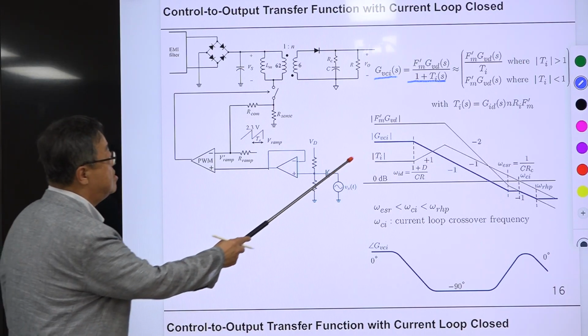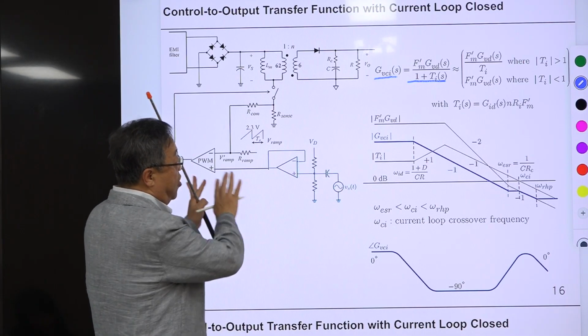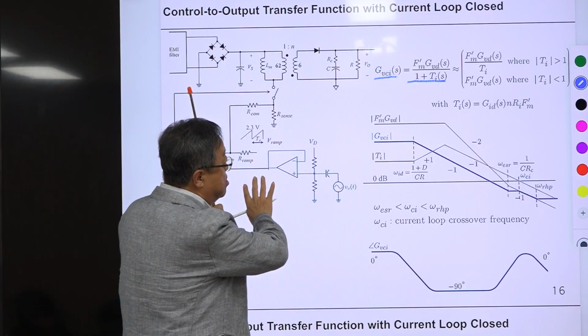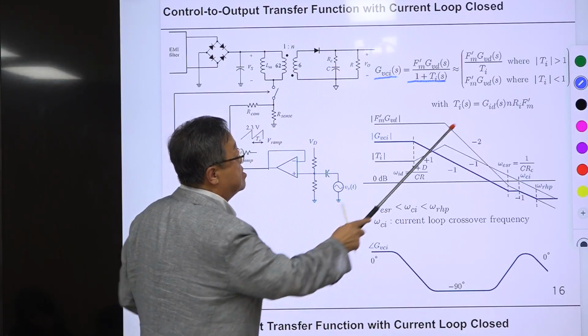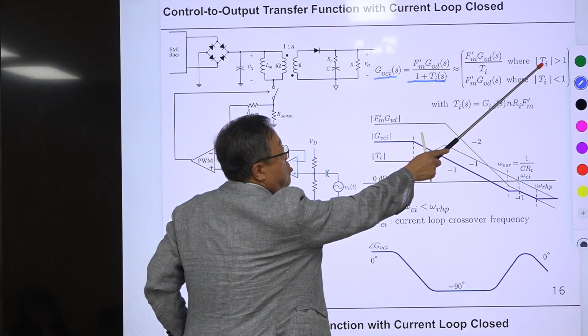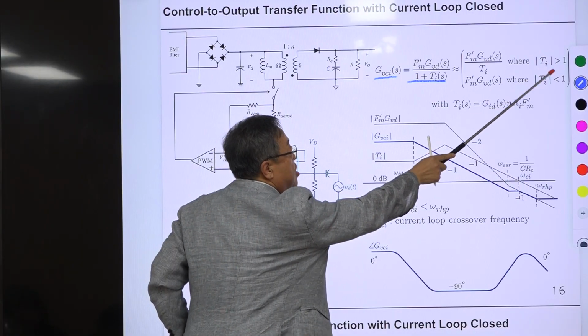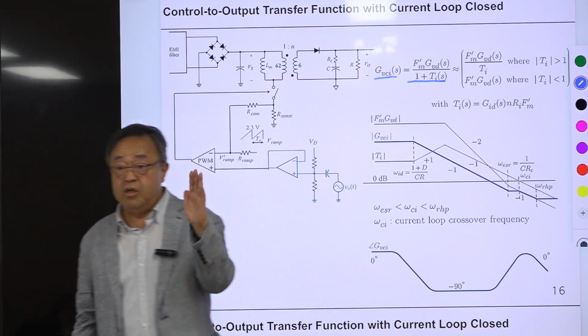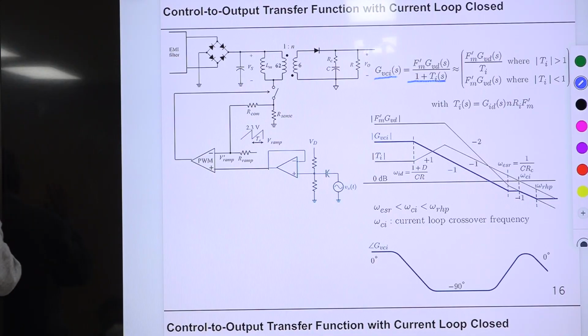Asymptotic method is we divide the frequency of our interest into two portions. One is this part where the magnitude of Ti is larger than unity, below the 0 dB crossover frequency, omega Ci, using the notation you are using.